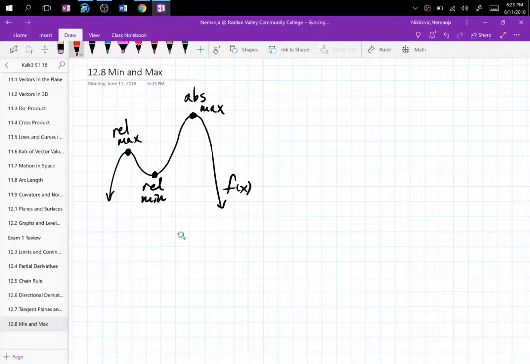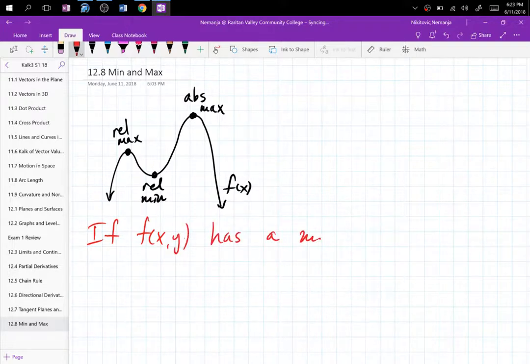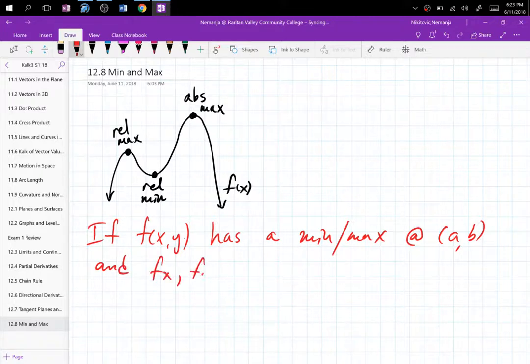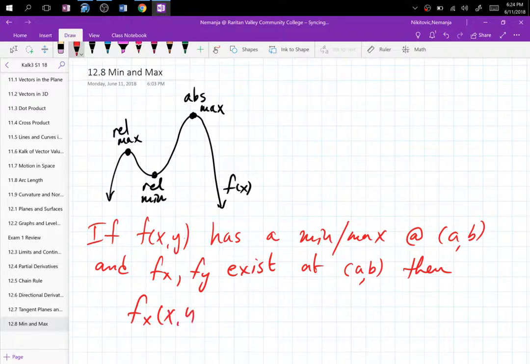So this is a theorem: if f of x, y has a min or a max at (a, b) and partial derivatives fx and fy exist at (a, b), then the partial derivative fx is the same as partial derivative fy.